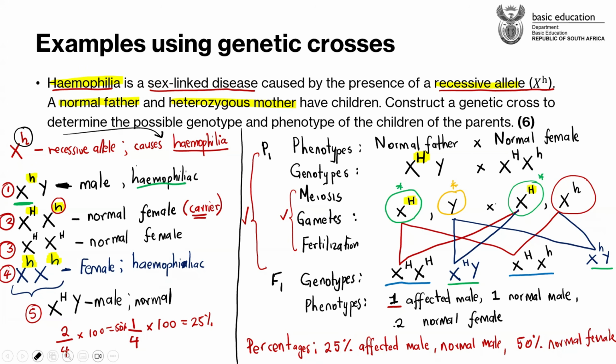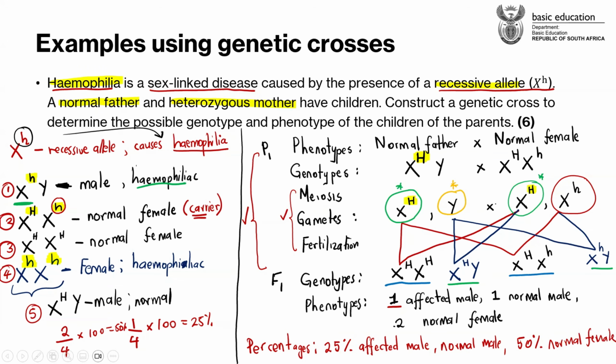You guys can see that, right? All of them cannot really be affected by this condition because all of them are normal. Those are the possible combinations. So there's no way that these 2 can ever make a female that has got hemophilia.